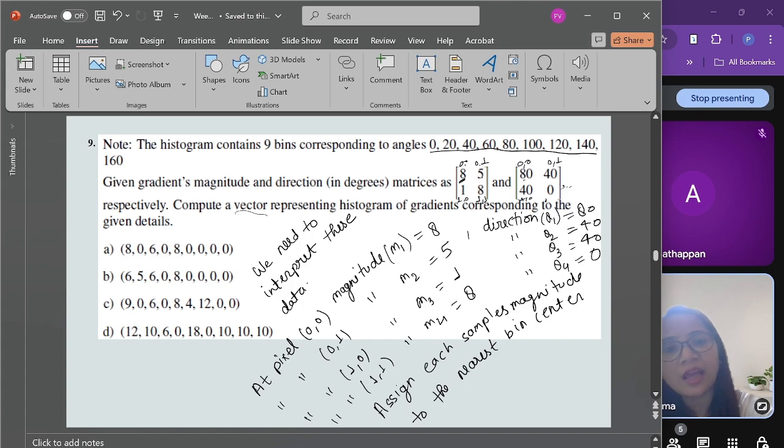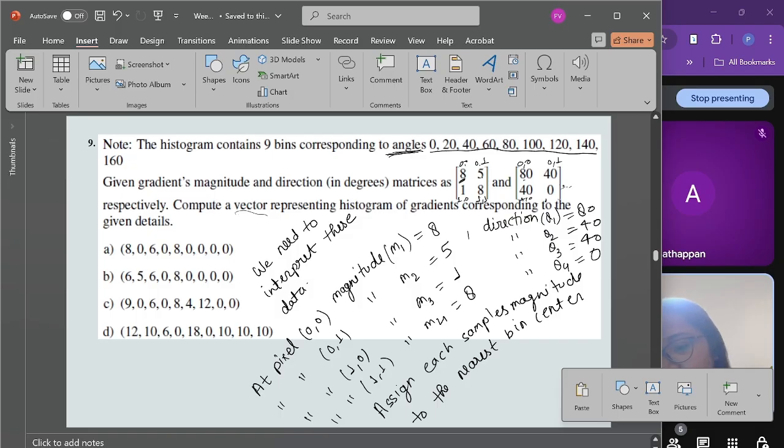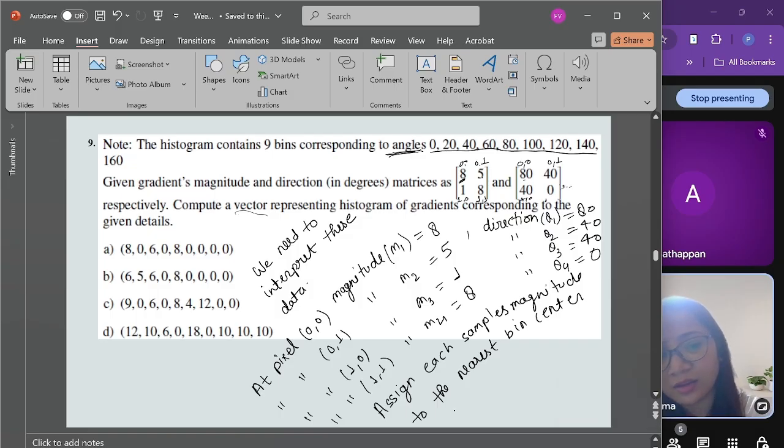Here just remember, angles are given, so read the question carefully. So when angle theta 1, I mean 80, comes, add the magnitude corresponding to that angle.